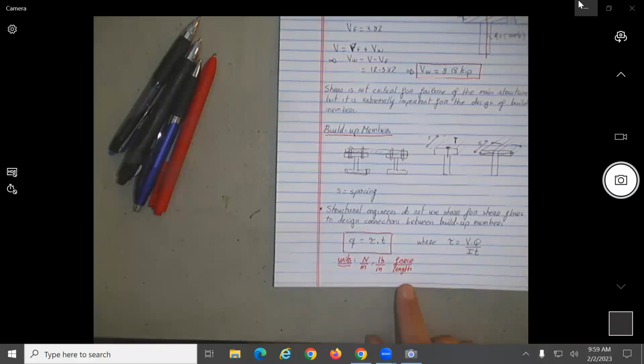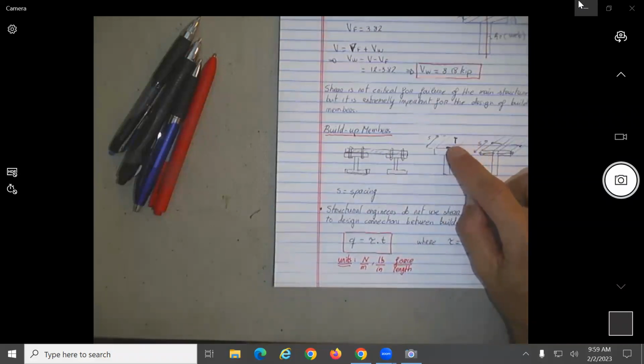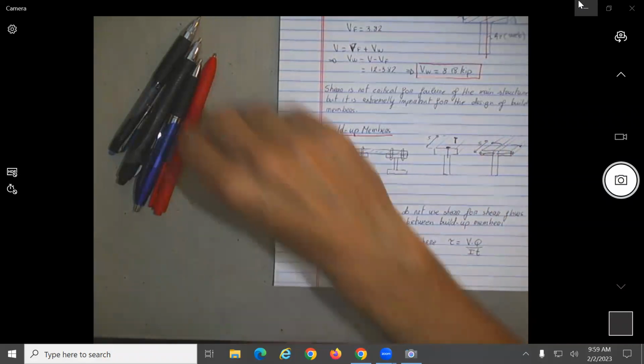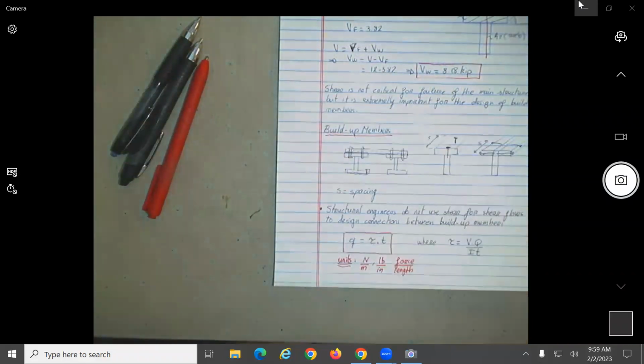Okay, so basically this will give you the force along the length of the beam, no? So now you can define how many connections, rivets, bolts you need in order to resist that force per unit length. Okay?